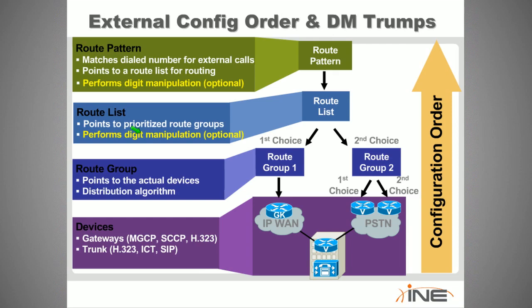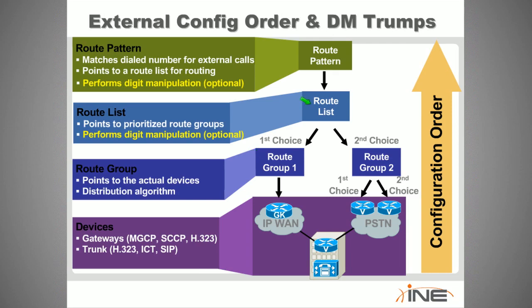Route list details is where we can perform digit manipulation. So we can perform separate digit manipulation for each route group within each route list. So if it takes this path, then it's going to get 1 digit manipulation. If it takes this path, then it's going to get a different digit manipulation because we're sending it to a different place, the PSTN versus the gatekeeper controlled WAN.